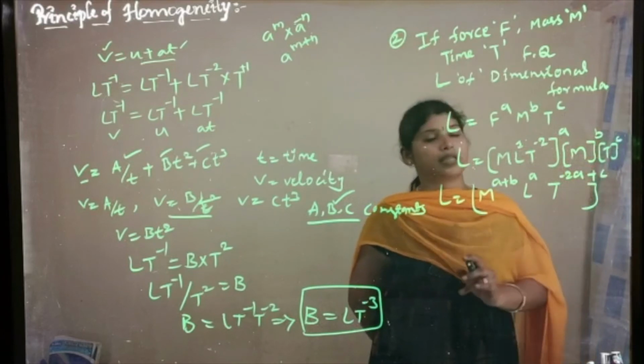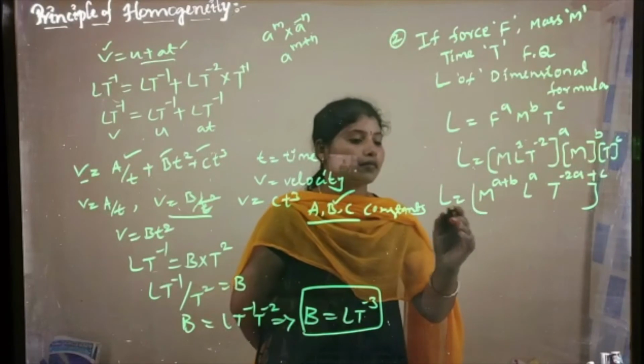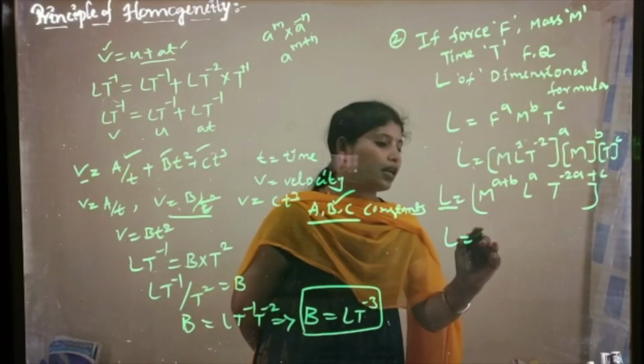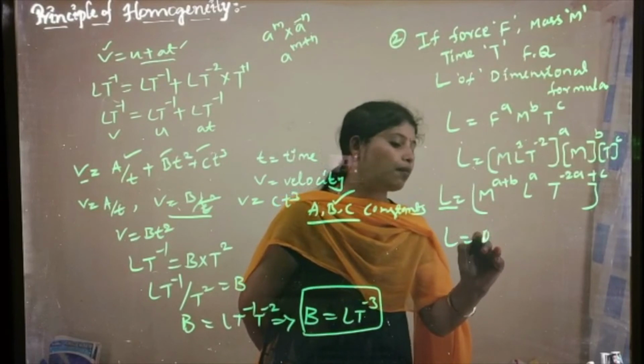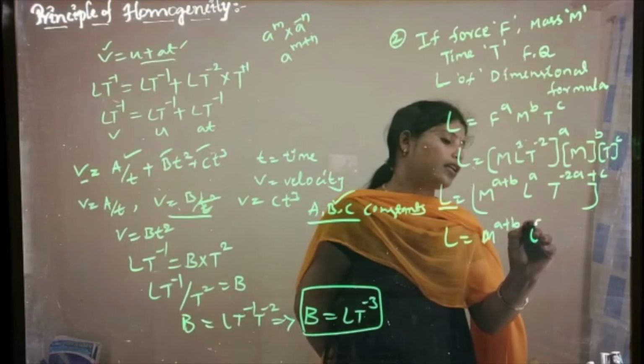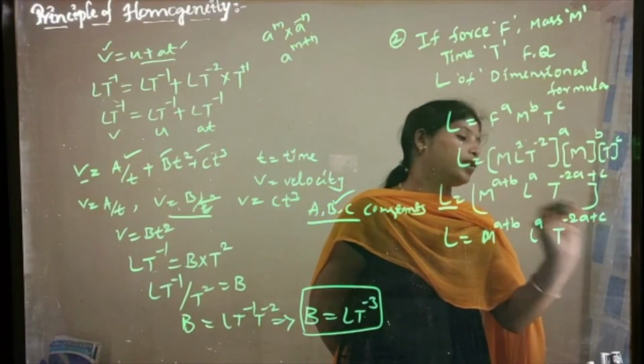So we equate the terms: M power a plus b, L power a, and T power minus 2a plus c.